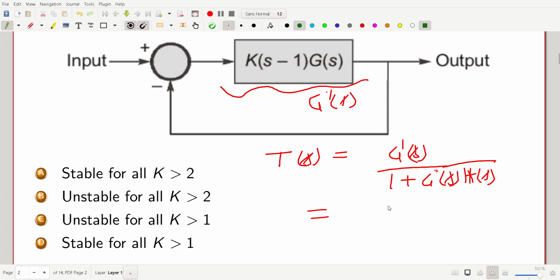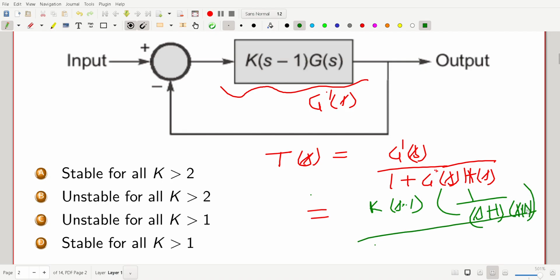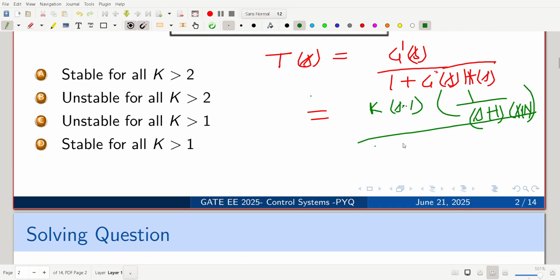So here K(s minus 1) and 1 by (s plus 1)(s plus 2). Okay. So K(s minus 1), 1 by s plus 1.